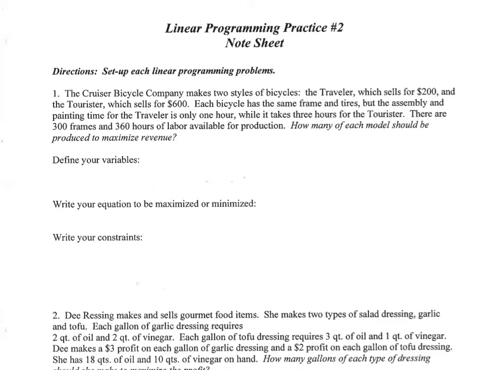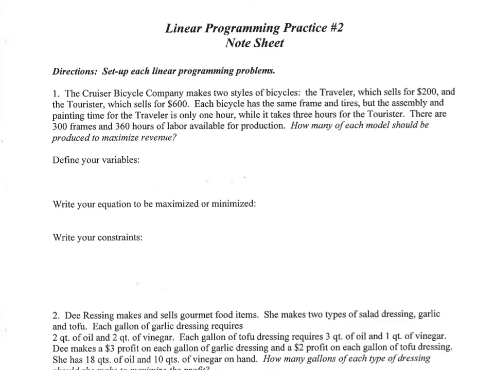The first thing that I'm going to need to do is define what my variables are. And I have to decide in this problem, what am I producing? Because I'm not producing hours, I'm not producing labor, I am actually producing, in this case, bicycles. And so I see that I'm making the version called the Traveler and the version called the Tourister. I'm going to let X be whatever comes first.